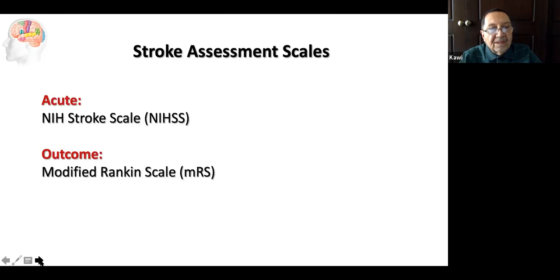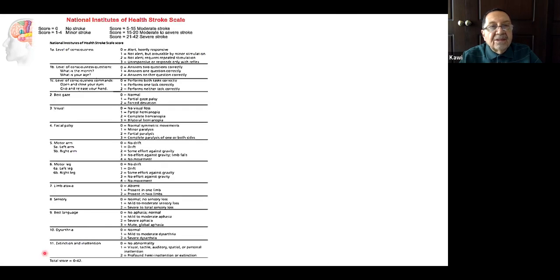There are assessment scales for the stroke because they are important in determining what treatment to give. The acute assessment is with the NIH stroke scale, and the outcome is determined by the modified Rankin scale. The National Institutes of Health Stroke Scale is a list of things related to gaze, vision, facial palsy, and motor symptoms in the arm, in the leg, and so on.